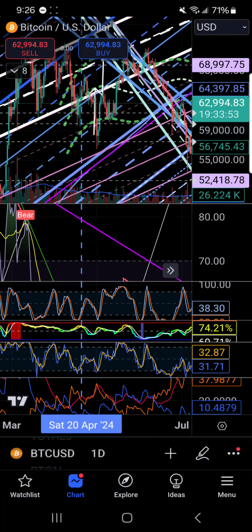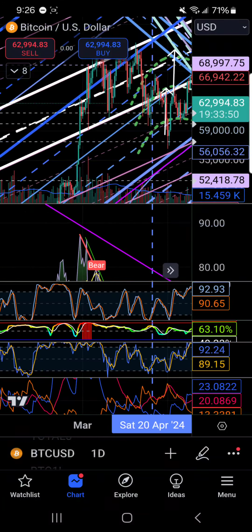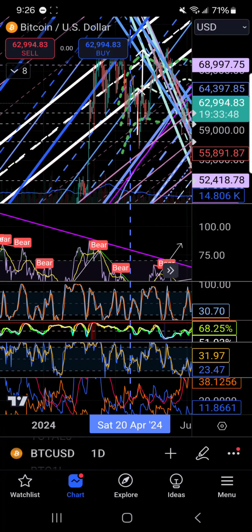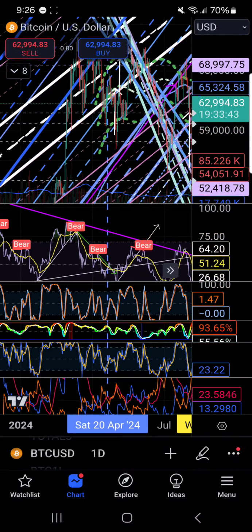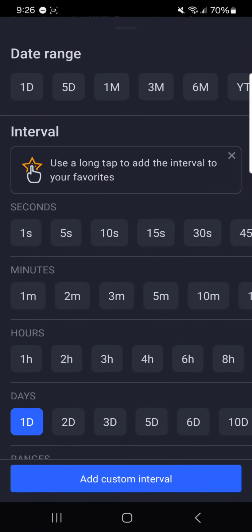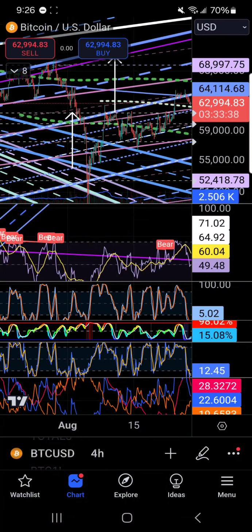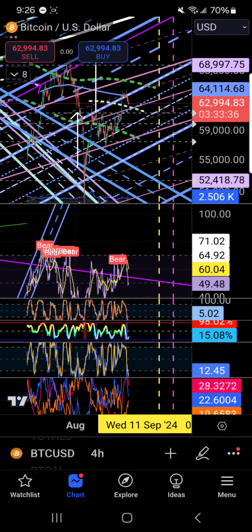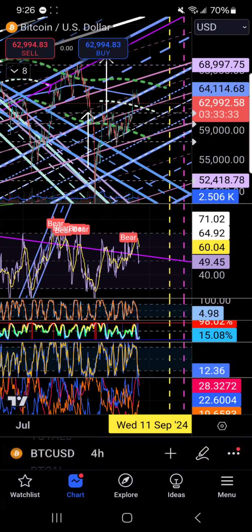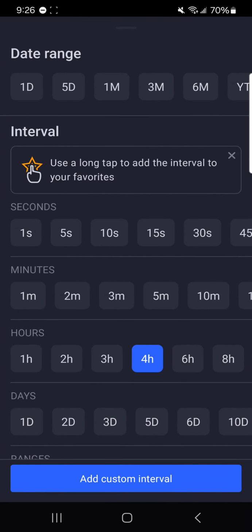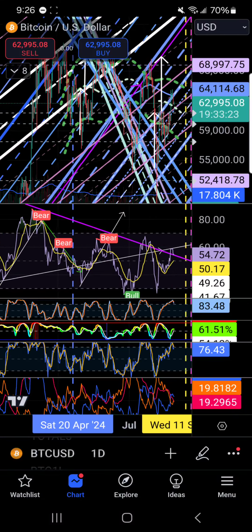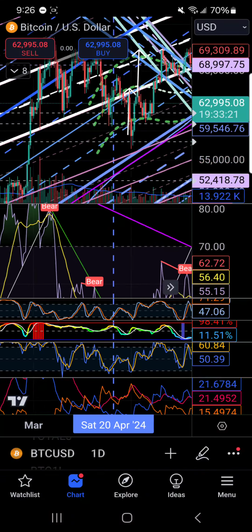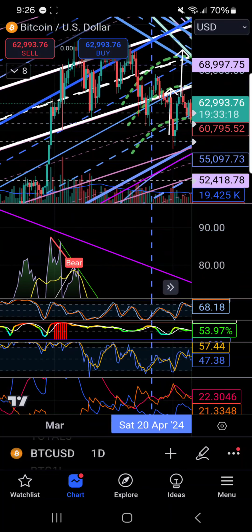Now, why did I draw that? I might have drawn that on a 4-hour or something. I don't know. Maybe it moved. It's not even touching that.